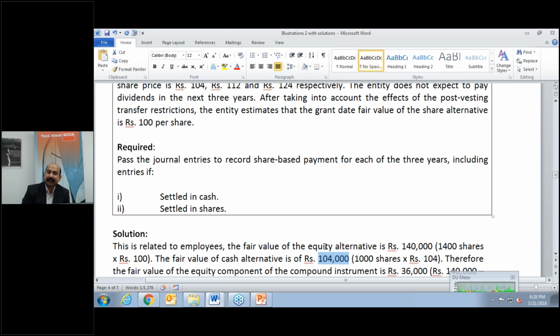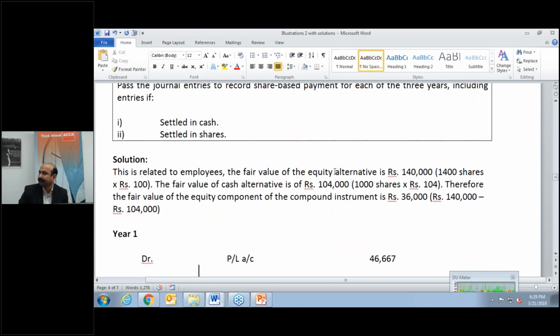This is X, the fair value of the debt instrument. If you have to pay cash, this is the amount which will be paid. Now, what is the fair value of the equity alternative? This is 140,000. The difference between these two figures is the value of Y.